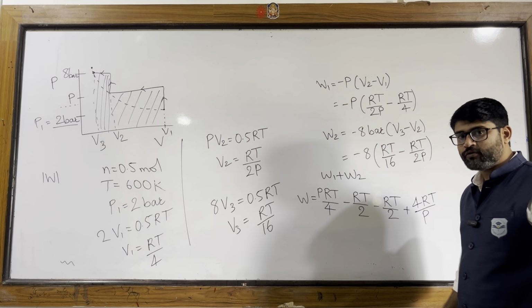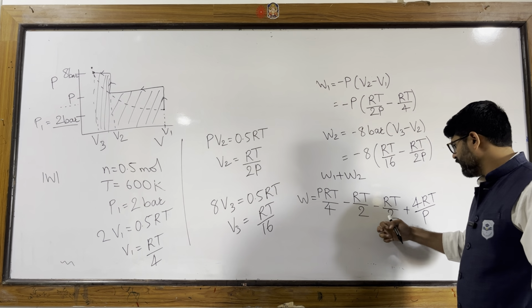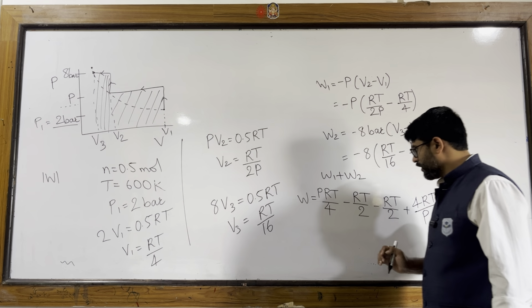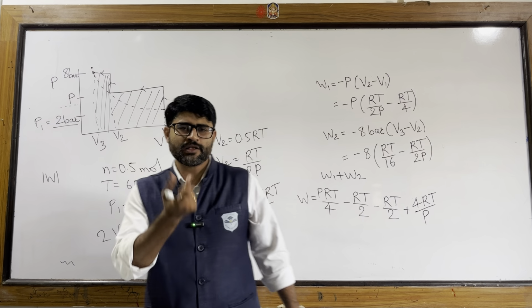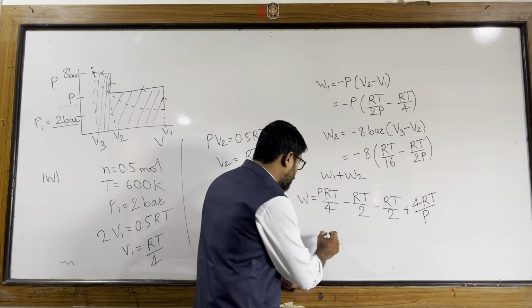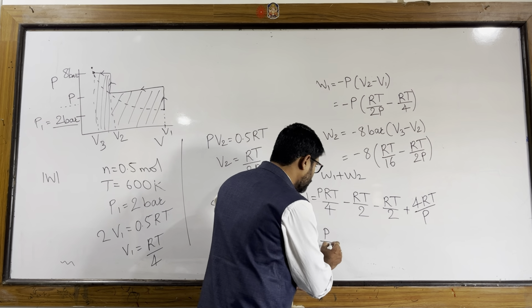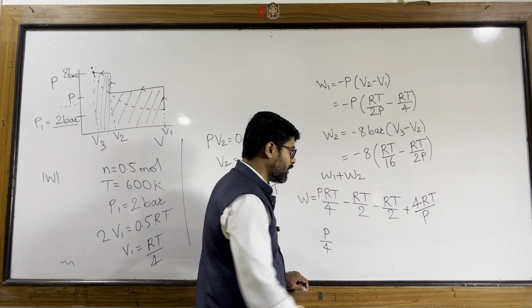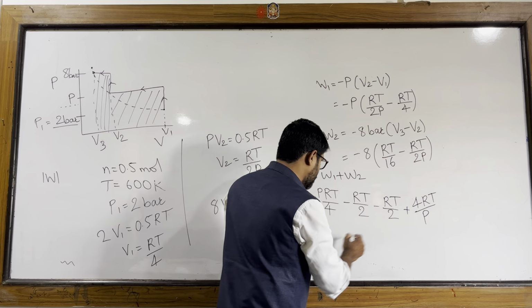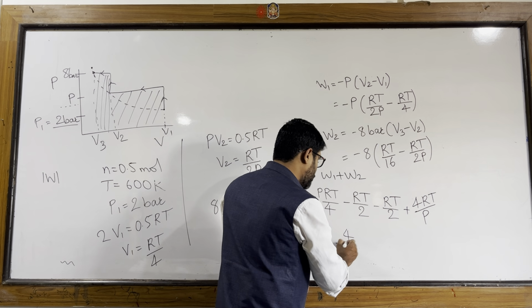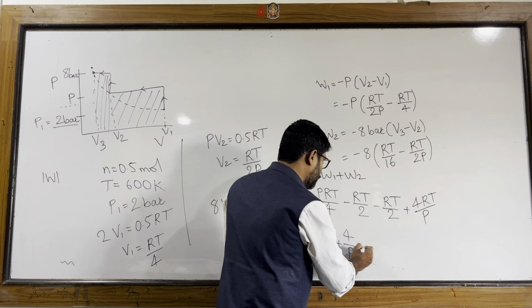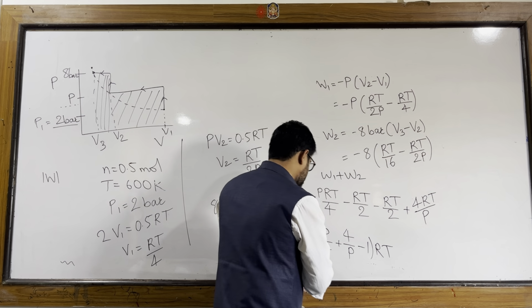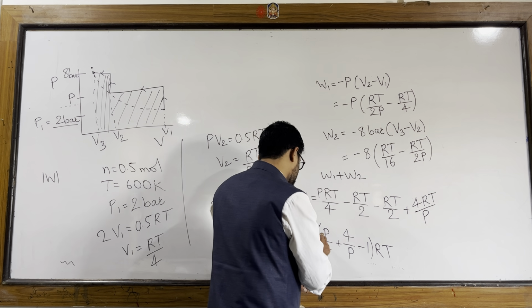Taking RT as a common factor, we have P by 4 minus 1, plus 4 by P, times RT.